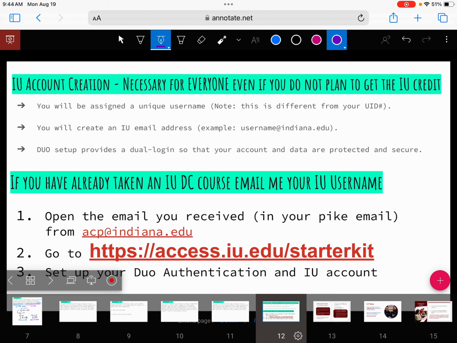I've got 4 different Duo accounts. It's annoying. But whatever account you set up your Duo on, make sure it's something you carry with you. Don't set it up for your iPad that you leave at home, because every time you log into IU, you need to have that device with you. Okay? Make sure you get that set up. I'll give you more steps a little bit at a time as we go through.